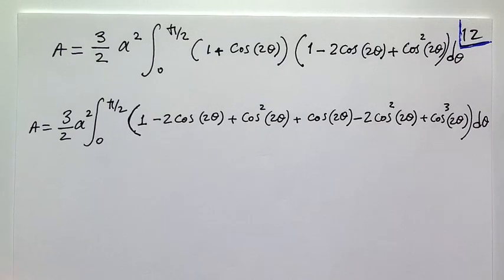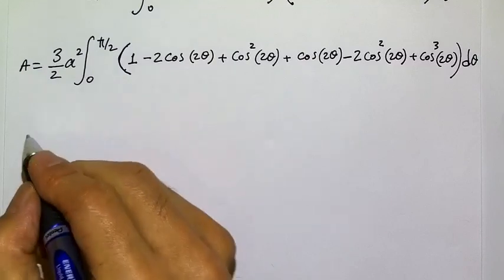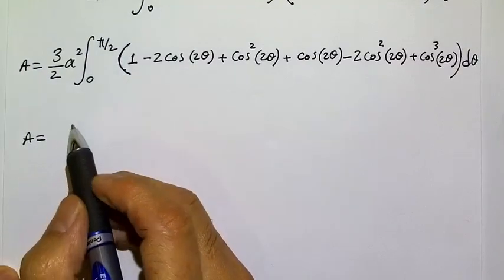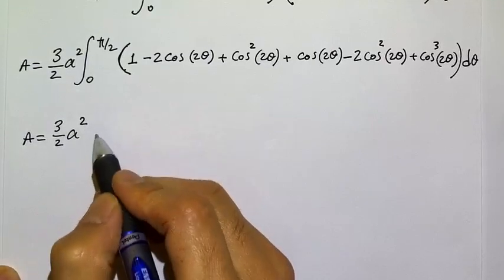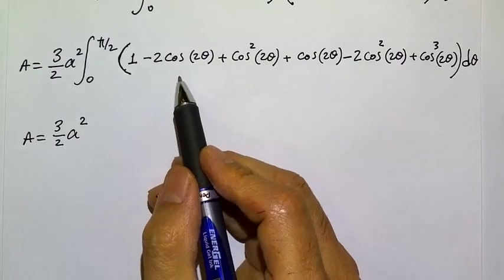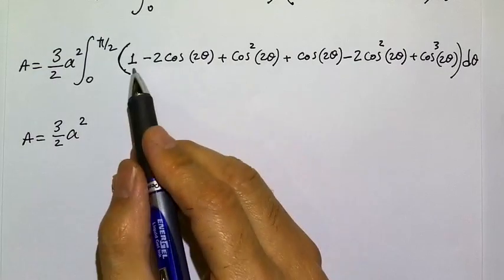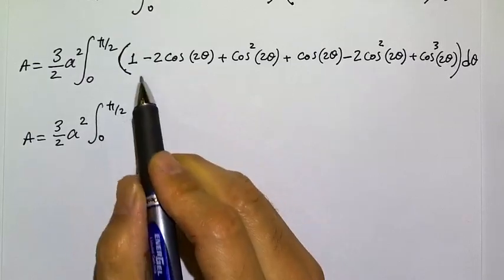So let's see what we can simplify. The term in front stays as it is, 3 halves a squared. And then, what can we combine? The 1 we cannot combine with anything, so it stays.